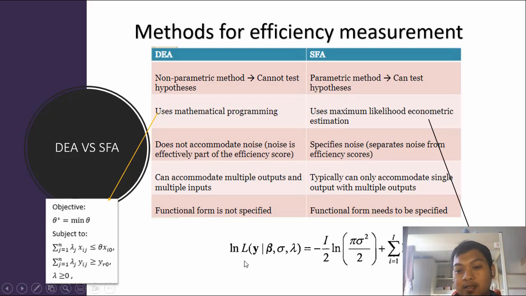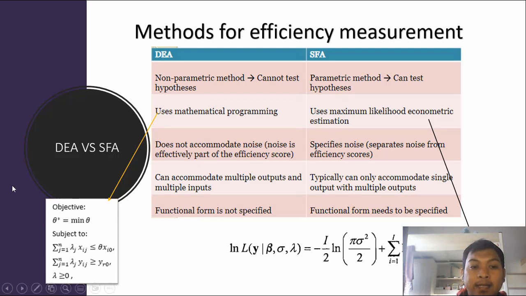This is the formula, the maximum likelihood function, like this one. And then the DEA just takes care of the efficiency and does not accommodate the noise or error. So the difference among the TMU is just assumed to be caused by inefficiency. But in the SFA, the SFA splits between the noise and efficiency.